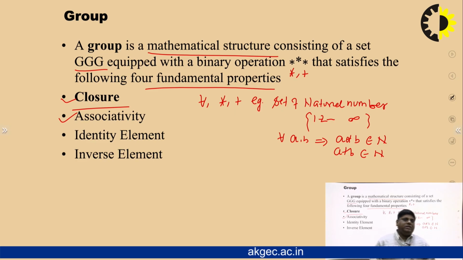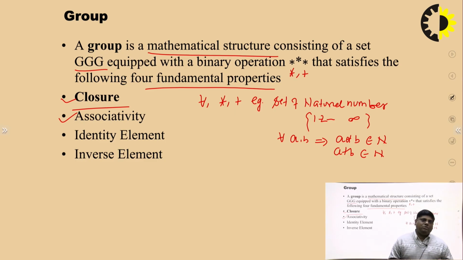In the closure property, we check every two elements, and if the result of the two elements using the binary operation also belongs to the same set, then the closure property is satisfied. In the associative law, for every three elements we operate the binary operation, and if the result also belongs to the same set, then we can say that the associative law is also satisfied for the group.